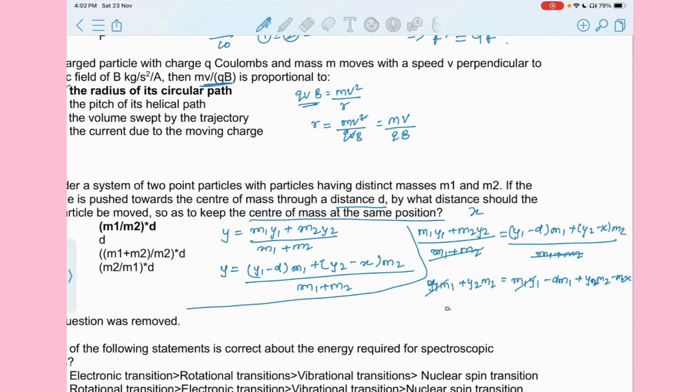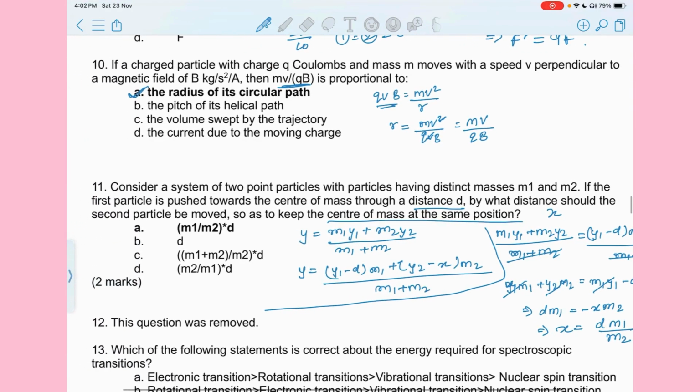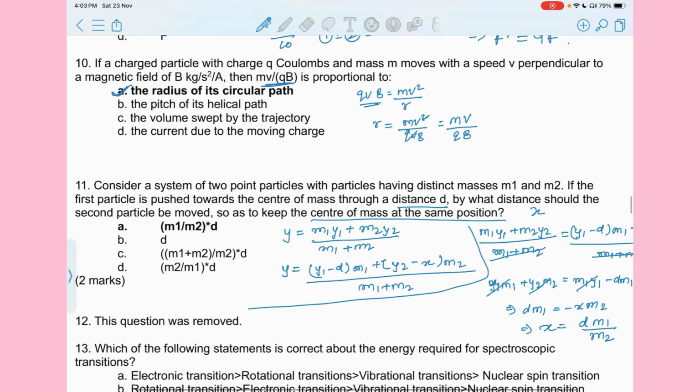This can be cut by this, and this can be cut by this. It will turn to d m1 is equal to minus x m2. So x will become d m1 upon m2. We are ignoring that minus sign because we know if one comes towards, then the other goes away. So this is with the sign with respect to the center of mass. So go for the modulus value of this. This will come to option number A.